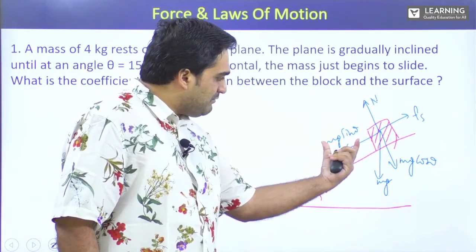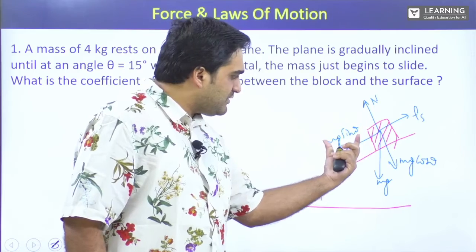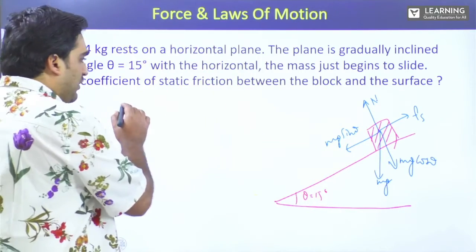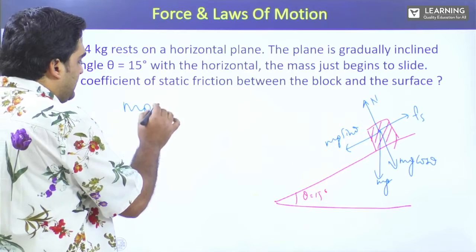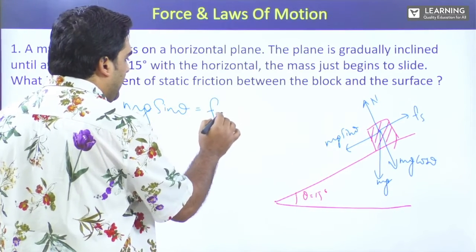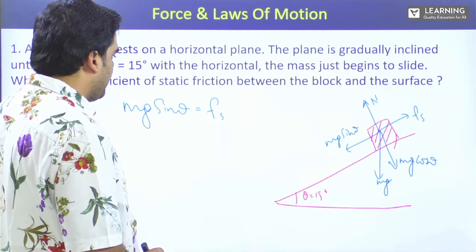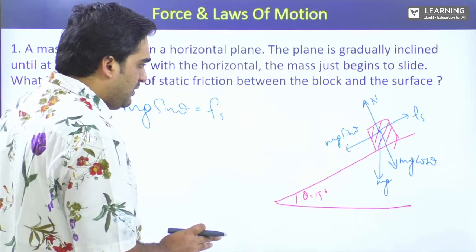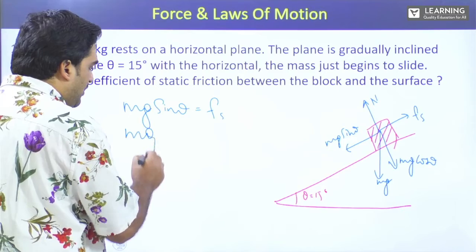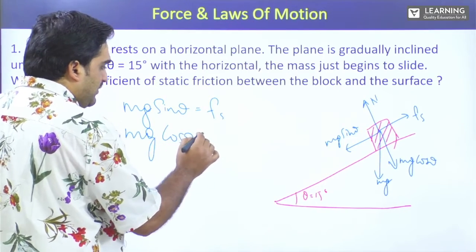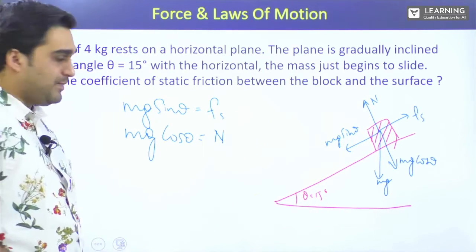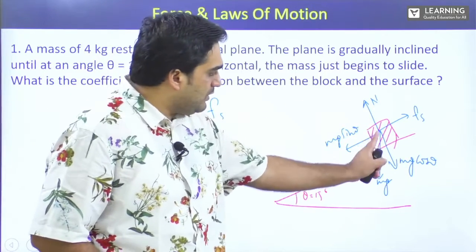One, you see the magnitude of mg sine theta and Fs are equal. So I can write that mg sine theta is equal to Fs. Similarly, we can also mention that mg cos theta is equal to the normal force N, downward and upward.